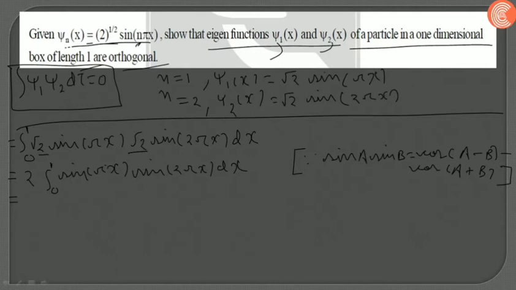Using this formula, we write 2 times the integral from 0 to 1 of cos of minus pi x, minus cos of 3 pi x, dx, since pi x minus 2 pi x becomes minus pi x and pi x plus 2 pi x becomes 3 pi x.